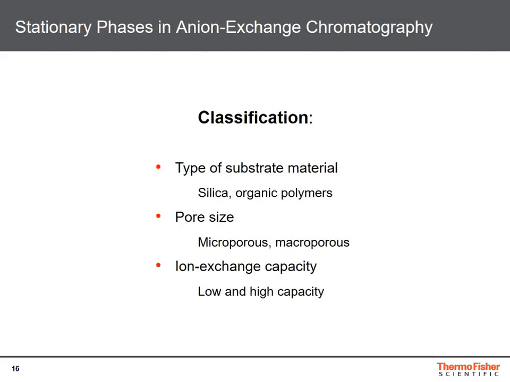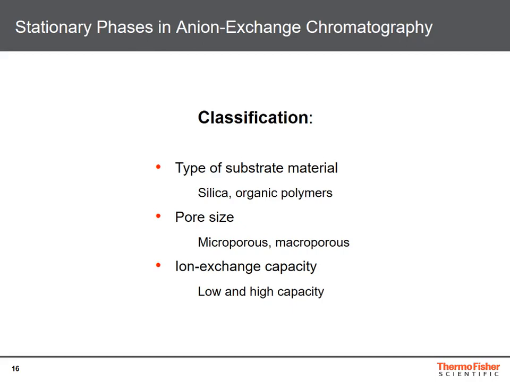The most important part of an ion chromatography system is the stationary phase. There are numerous anion exchange materials on the world market, so we have to classify all these materials. The number one classification is the type of the substrate material, where we differentiate between silica-based materials and organic polymers.